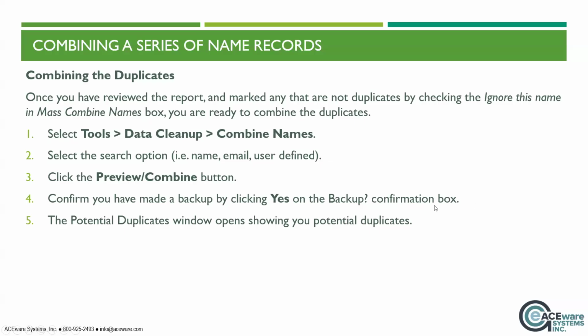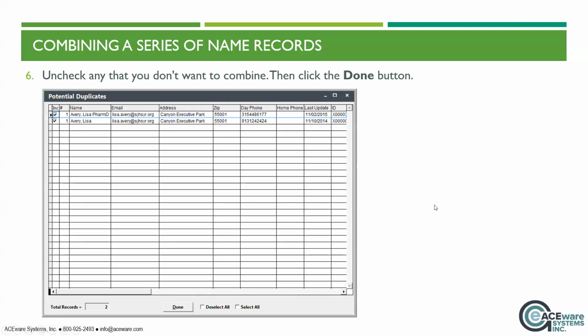And then it will show you the potential duplicates, which will look a lot like this. You're going to see their name, email address, zip code. If you scroll over, it'll show you ID and some other information. Part of the reason that last update is shown is so that you can see which one was newer.